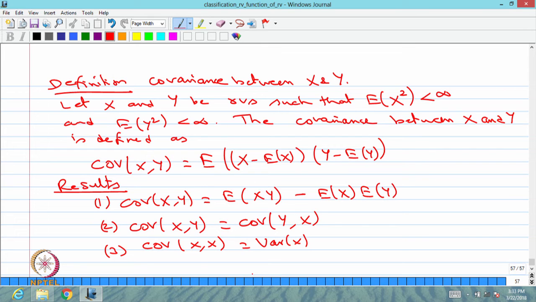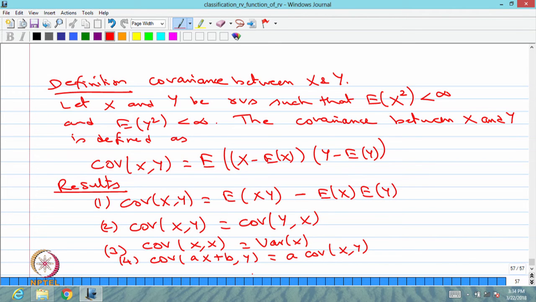The fourth property is the covariance of ax plus b with the other random variable y. If you expand by using the definition of covariance, you will get a times covariance of x comma y and covariance of b with y, that is going to be 0.